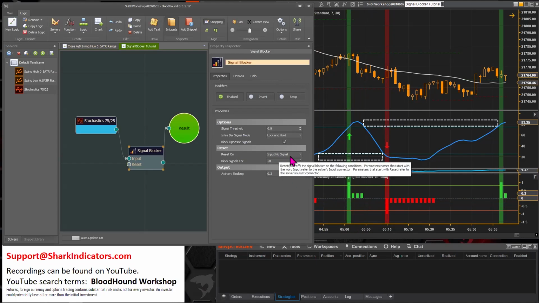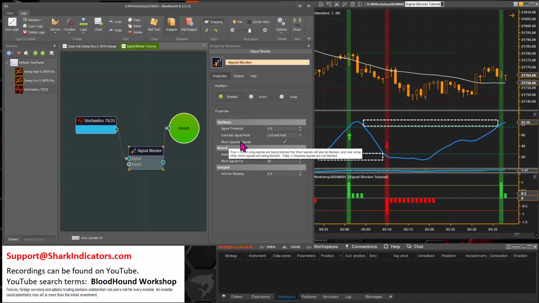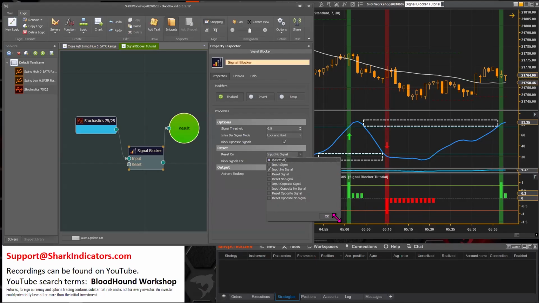So there you go. No signal. Remove the short blocking there. All right, so block opposite signals is, again, pretty straightforward. And as we can see in this example, you have to be extra mindful of how your resets are being utilized.